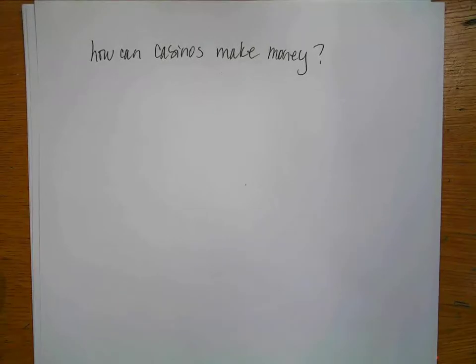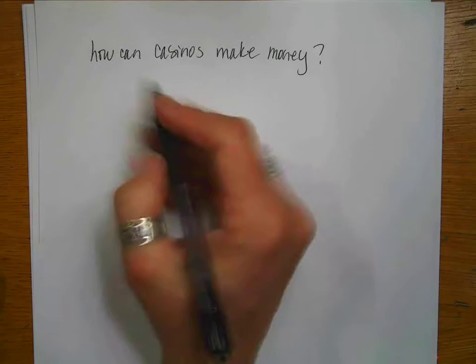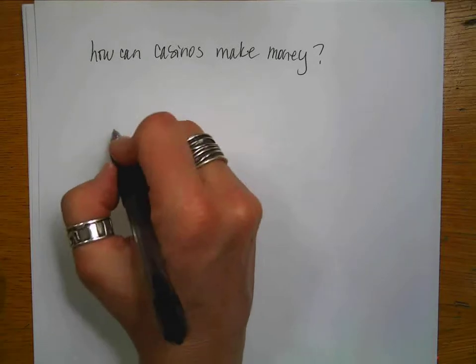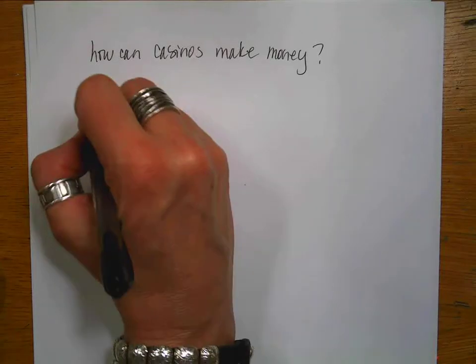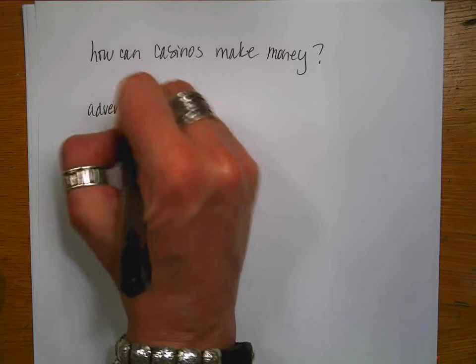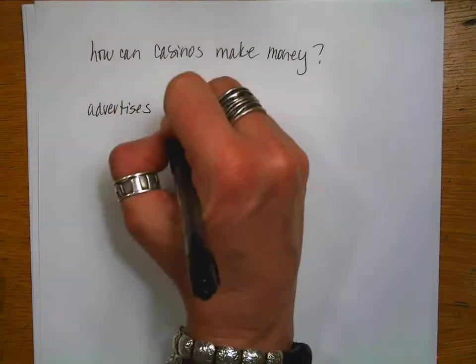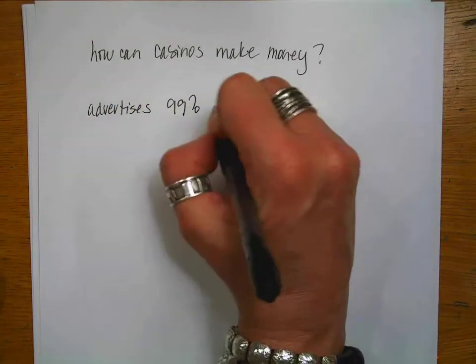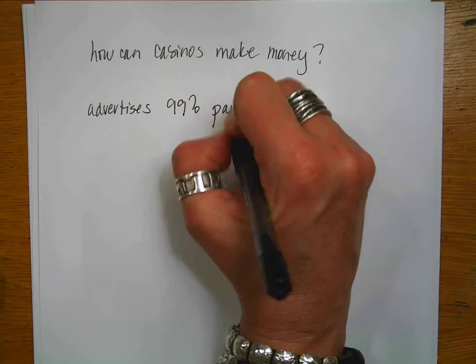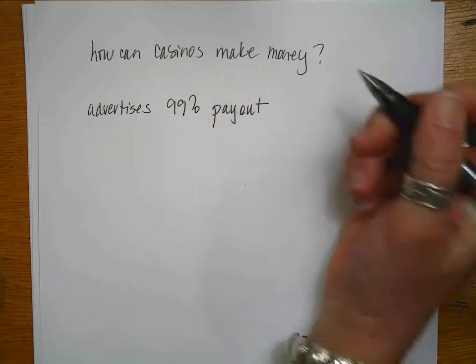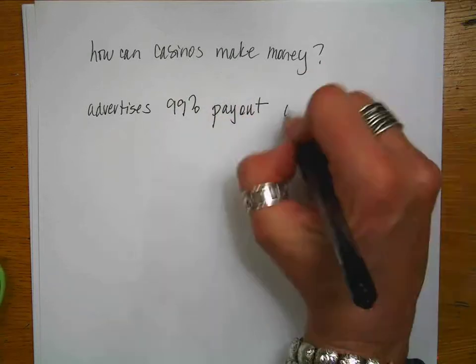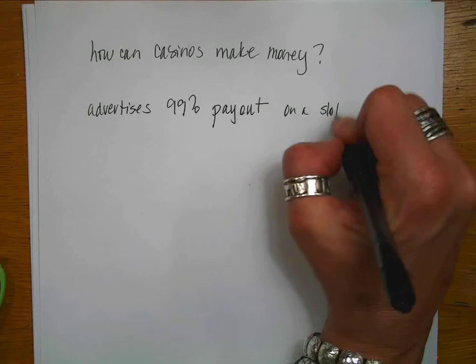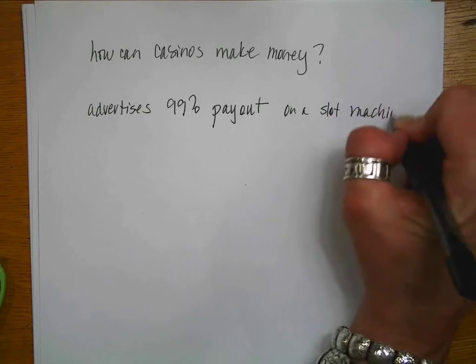So an interesting example would be, oftentimes casinos will publish what their win rates are. So if a casino advertises that it's going to have a 99% payout, right? So in theory, then this would be on a slot machine.